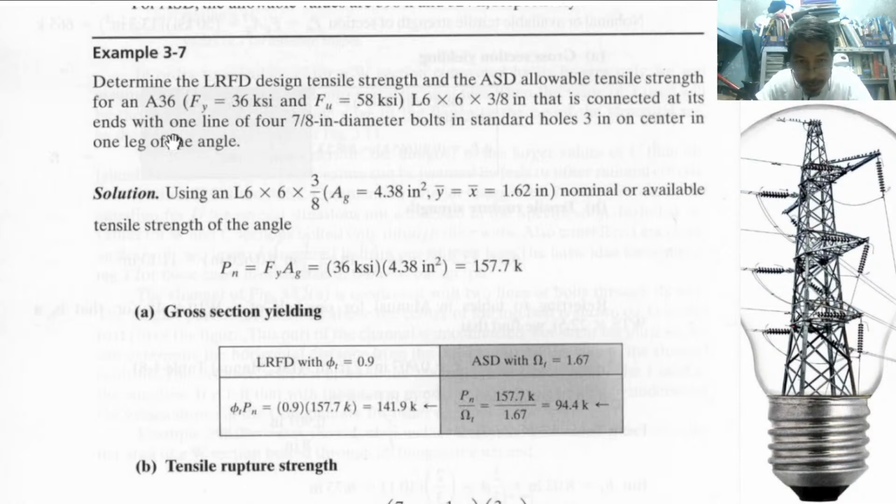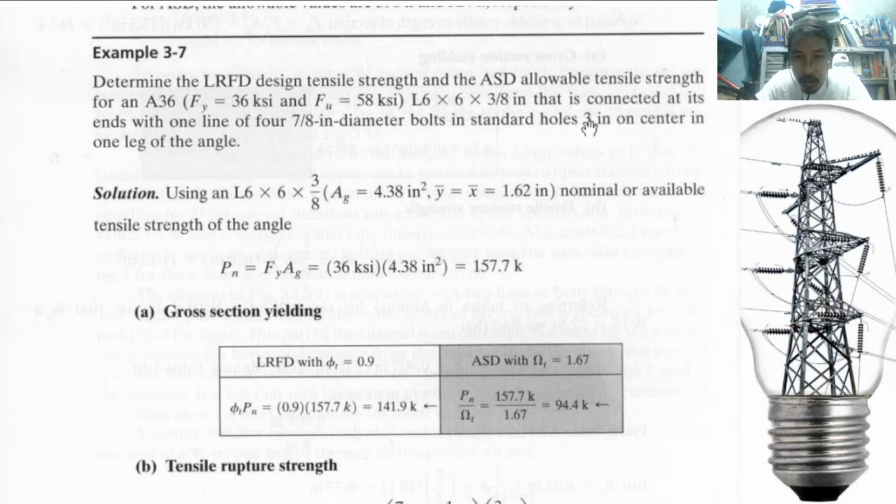So, at its end, it is connected with one line of 4 bolts. So, there is only one line. 7/8 inch diameter bolts in standard holes, 3 inch on center. So, center to center distance of holes, 3 inch.